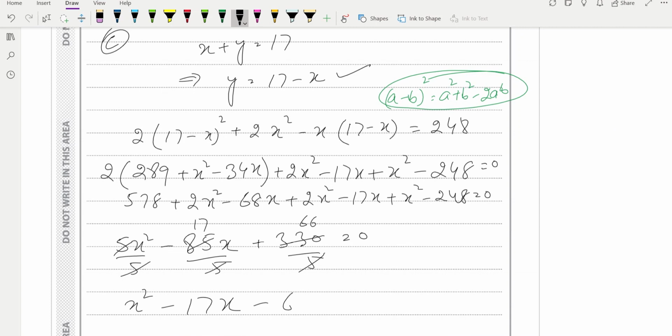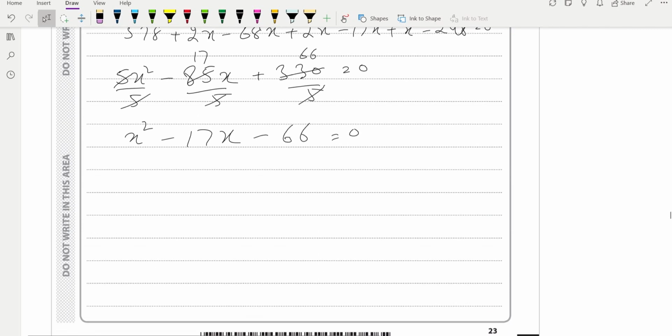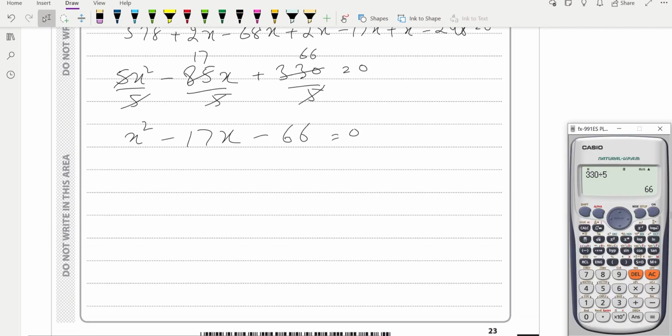So minus 66 is equal to 0. Now this will be our quadratic equation, which we can solve by factorization, and here the coefficient of x squared is 1, minus 17 is the coefficient of x, and minus 66 is the constant value. And you can use the quadratic formula also, whichever you like.